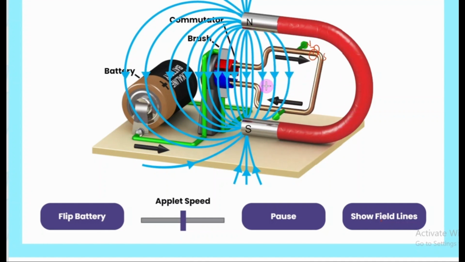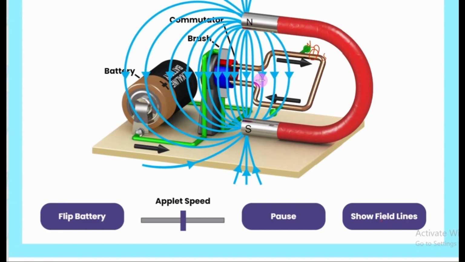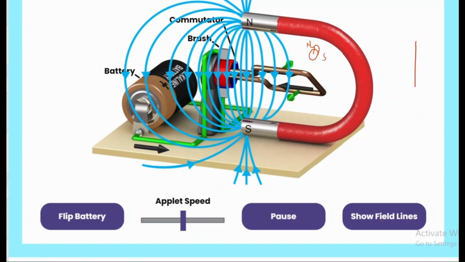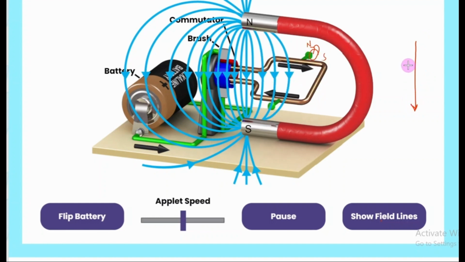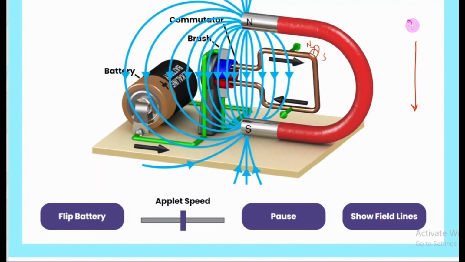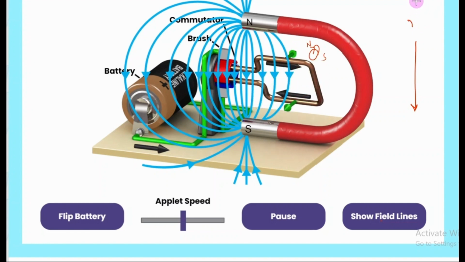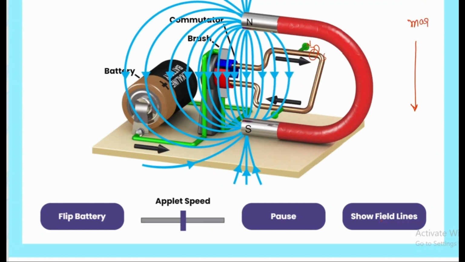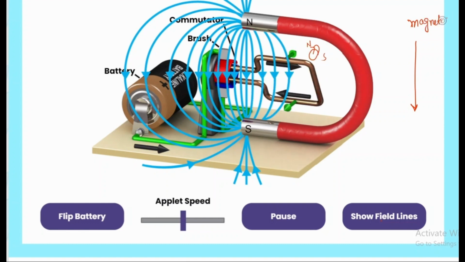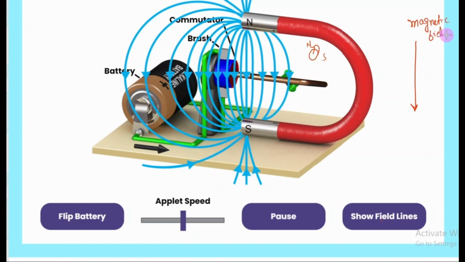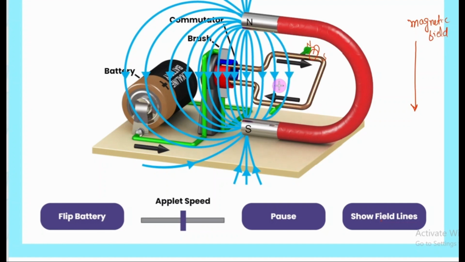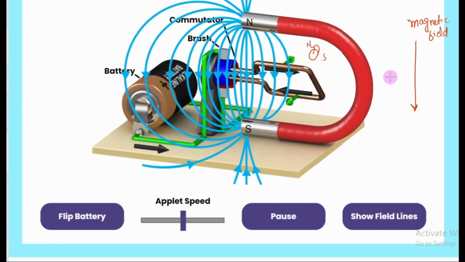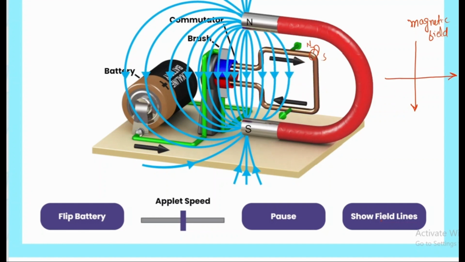In this external magnetic field, the direction of the external magnetic field here is in this direction. So this is the direction of the magnetic field, and the direction of the electronic current here is in the x-axis.